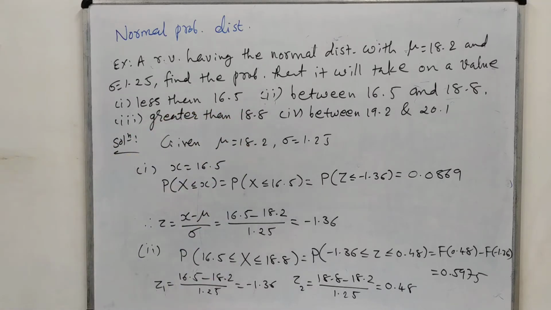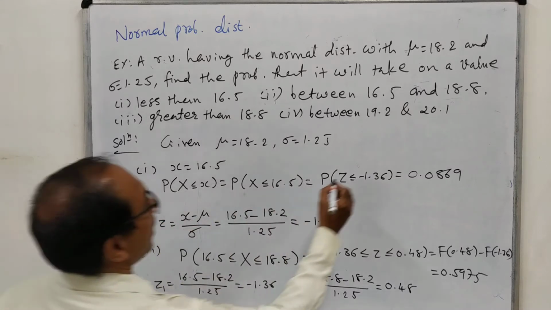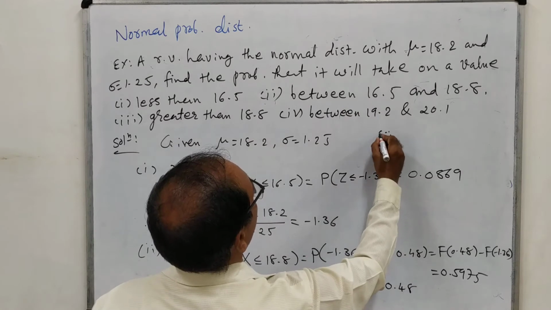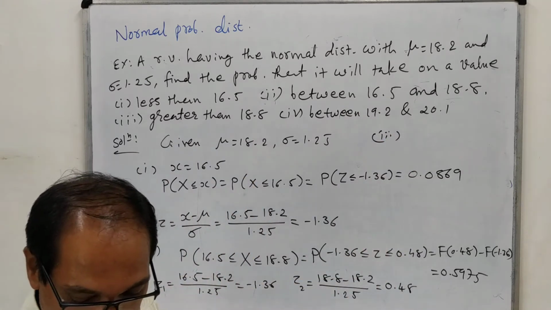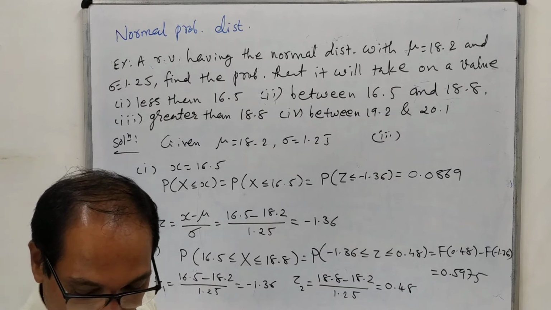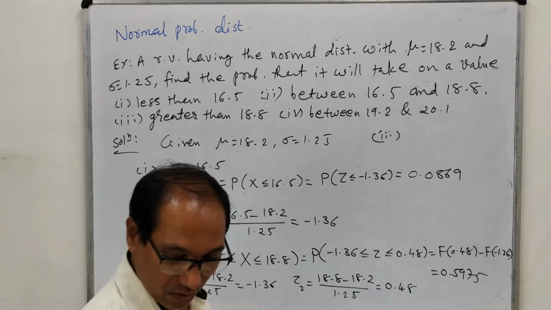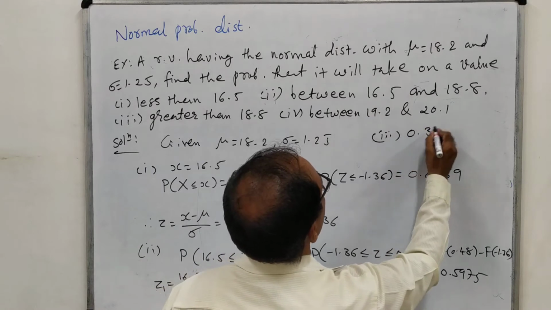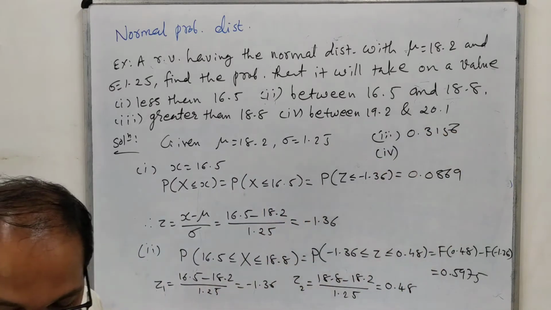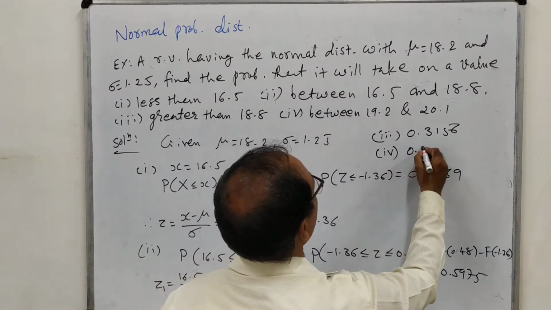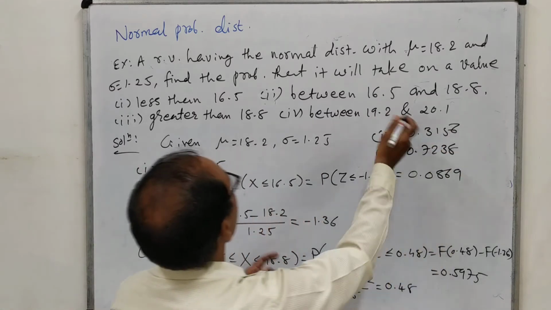Now we can go the same way for the third and fourth ones. In the third one, I will write down the answer directly, because I want to give it to you as self work: 0.3156. And the answer for the fourth one is 0.7238, and this is also very easy to obtain.